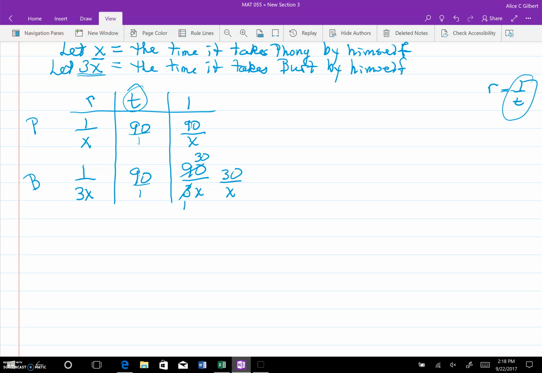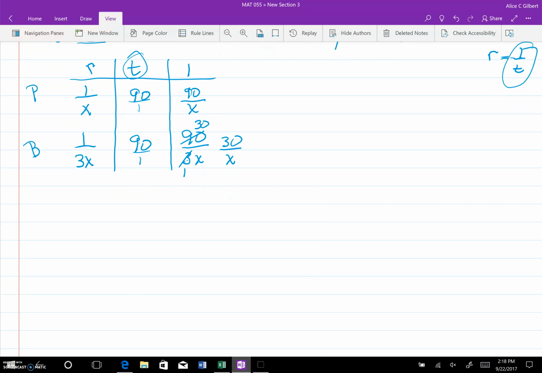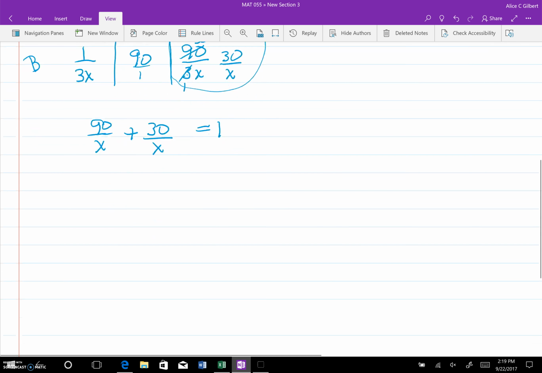Okay, so now again, remember, this always ends up equaling 1 job accomplished, and these are 2 people. So whenever I have 2 people, I just add them together, and this is where I get my equation from. So 90 over x plus 30 over x.